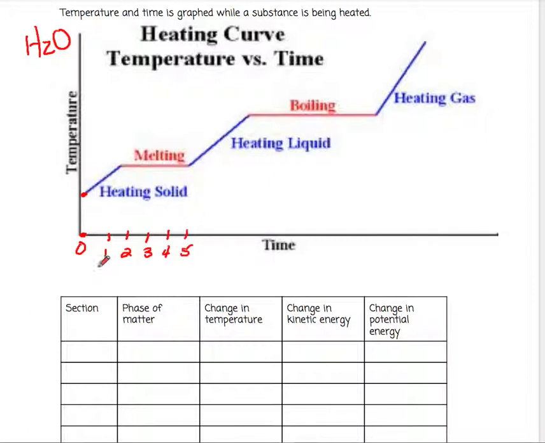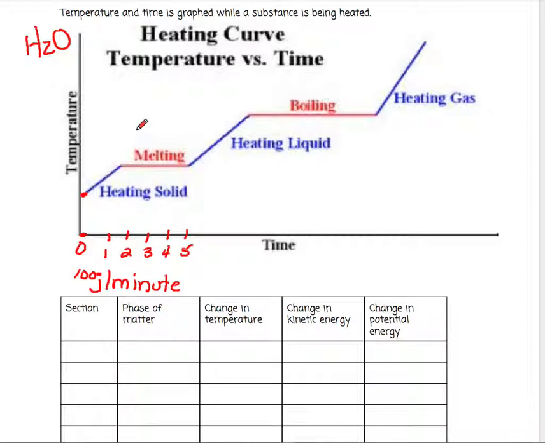So at every minute, let's say we're adding 100 units of heat. When we measure heat, we're going to be talking about joules. So for every minute that goes by, we're going to have 100 joules per minute being added. It's a very steady addition of heat, so our graph comes out exactly the way that it's supposed to.